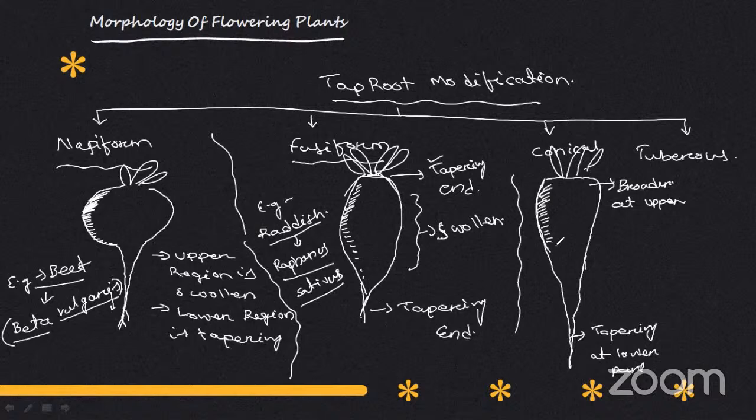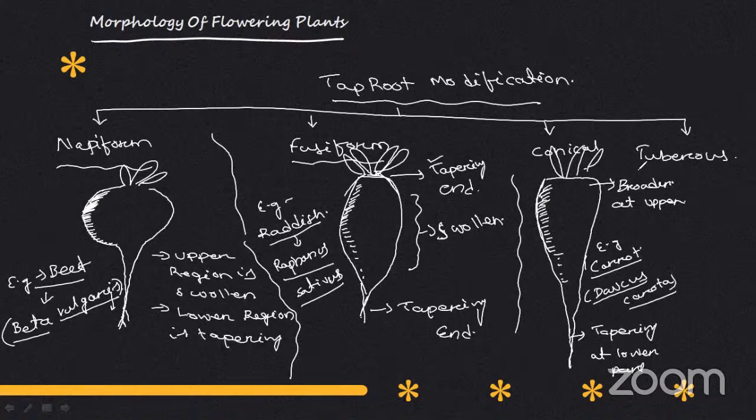This is seen in case of your gajar. In Odia that is called gajar, but in English it is called carrot. The biological name of the carrot is Daucus carota.